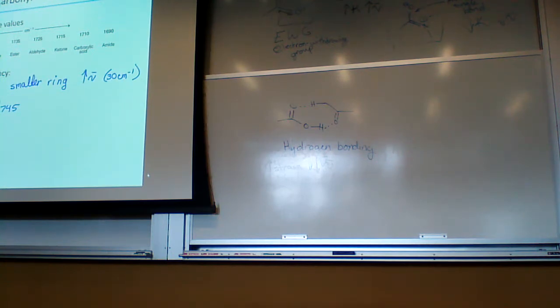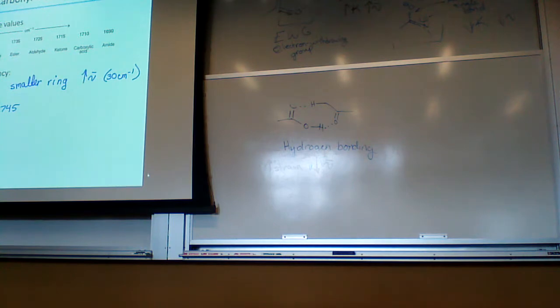The other thing that can raise the stretching frequency is electron withdrawing groups. So now we're not talking about electron withdrawing groups that are directly attached to the carbonyl, but we're looking one carbon away. Here we have an X group on the alpha carbon of that carbonyl, and it has a dipole moment. And so this is an electron withdrawing group.